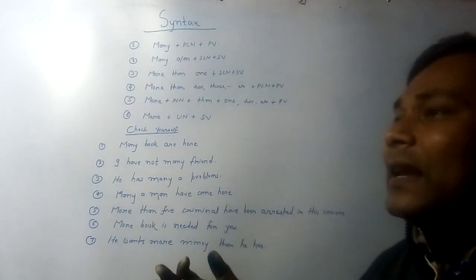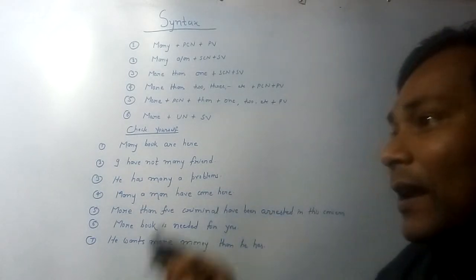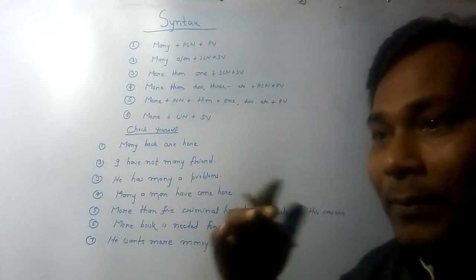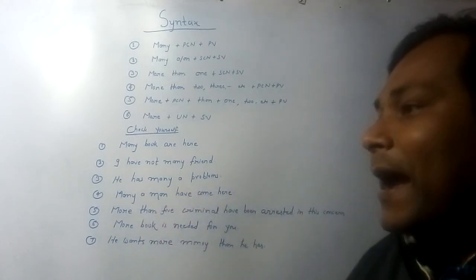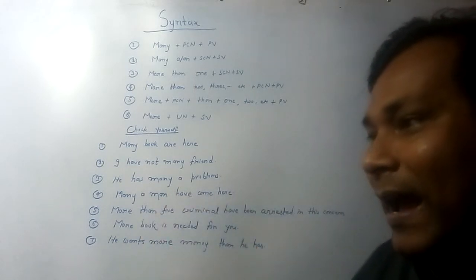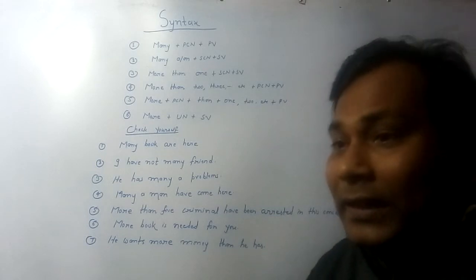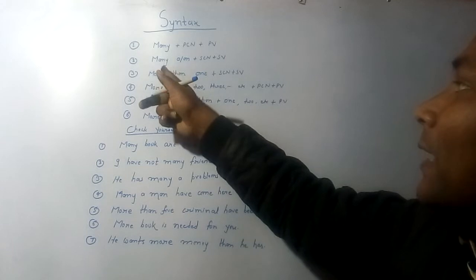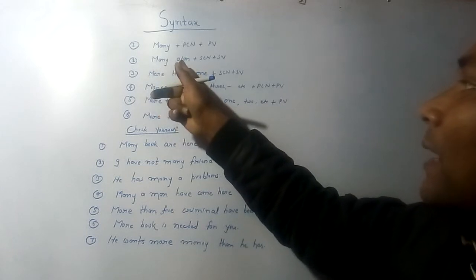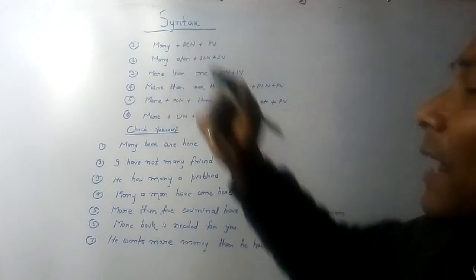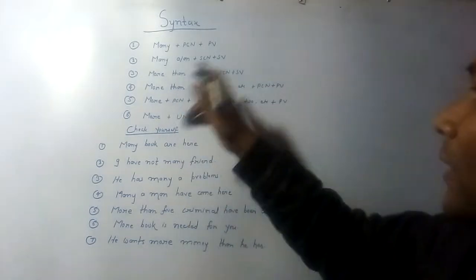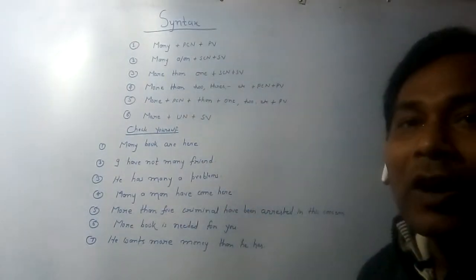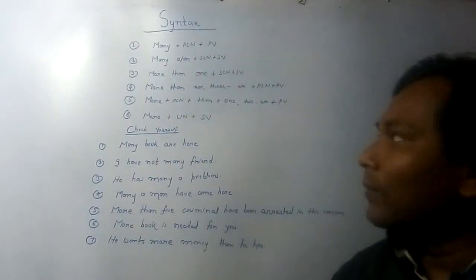Suppose, many a boy has come. Many a boy has come. So it means that I am not indicating many, I am indicating many a. Okay. So in this case you can use it with a singular countable noun and you have to take a singular verb.